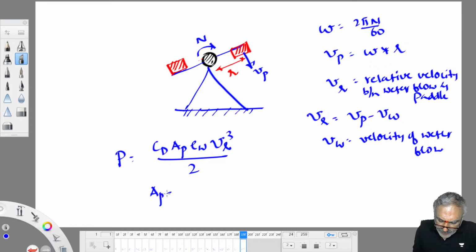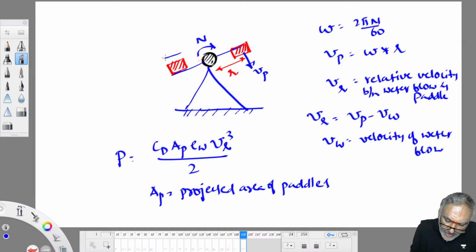So AP is equal to the projected area of paddles. The paddle has got a width, B. It is extended in the length direction. The paddle looks like this.